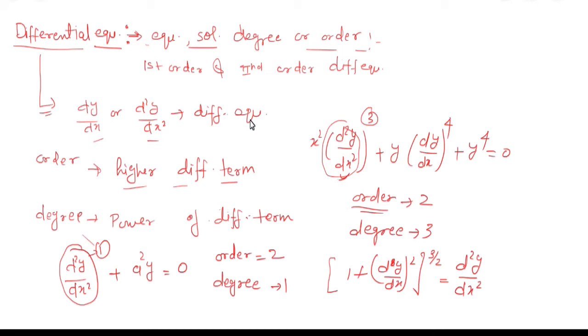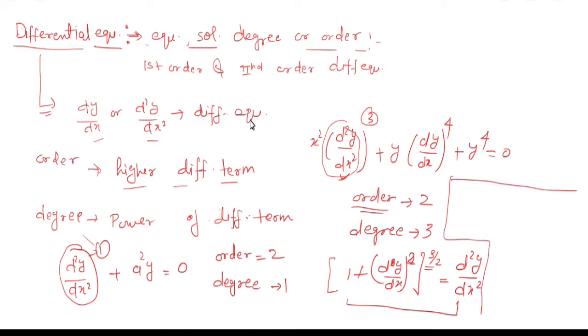Now here you can see that the differential equation has a fractional power 3 by 2. So to define the order and degree of this differential equation, we must remove the fractional power.